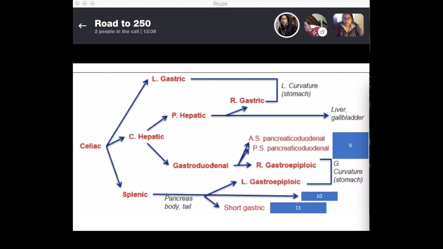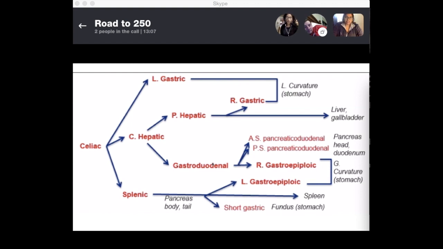And then your pancreaticoduodenal, I wonder what they're going to supply. Duodenum. Pancreas. Yes. And then we have our splenic branch going all the way to supply the spleen. And then our short gastric is going to supply the fundus of the stomach. Correct. Cool. So, any questions on this before we move on? Nope.